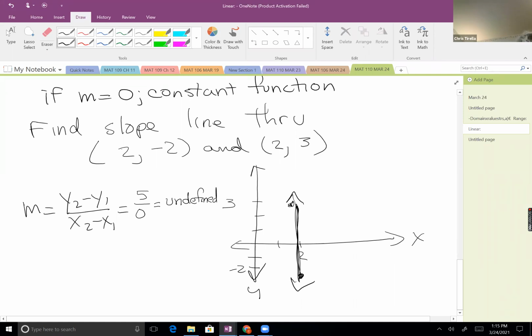In using the slope formula for this one, because the x values are the same, did everybody get a 0 in the denominator? And we've said over and over again, that can't happen. We can't have a 0 in the denominator. So here we don't have a slope. The slope is undefined. Notice that happens when the x values are always the same. And that happens when I have a vertical line.